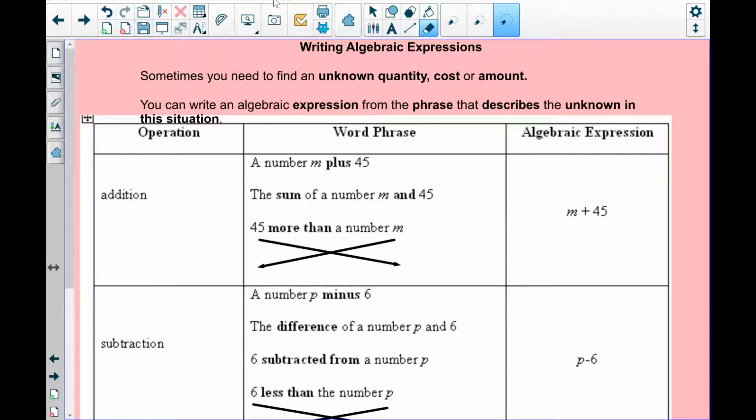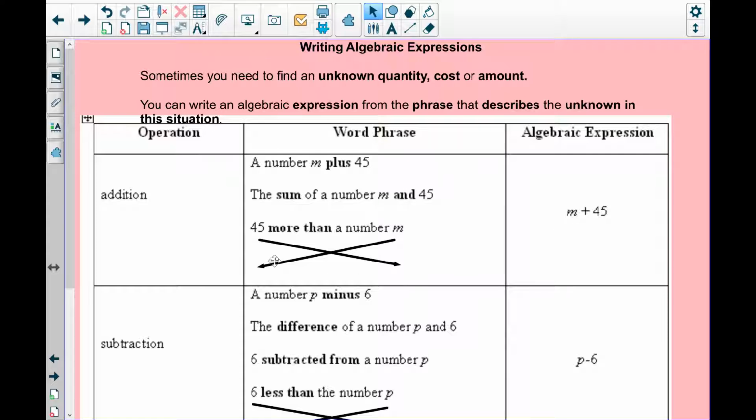Sometimes you need to find an unknown quantity, cost, or an amount, and you need to write the algebraic expression. So you can write an algebraic expression from the phrase that describes the unknown in this situation. For example, if you have a number m plus 45, the phrase for that would look like m plus 45. Or maybe it says the sum of a number m and 45.